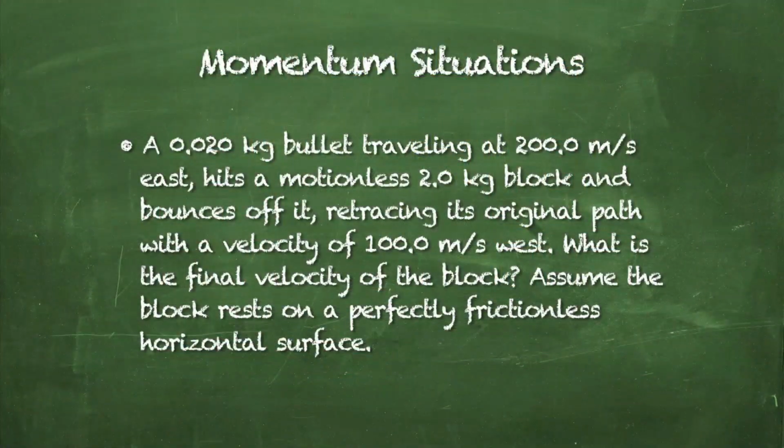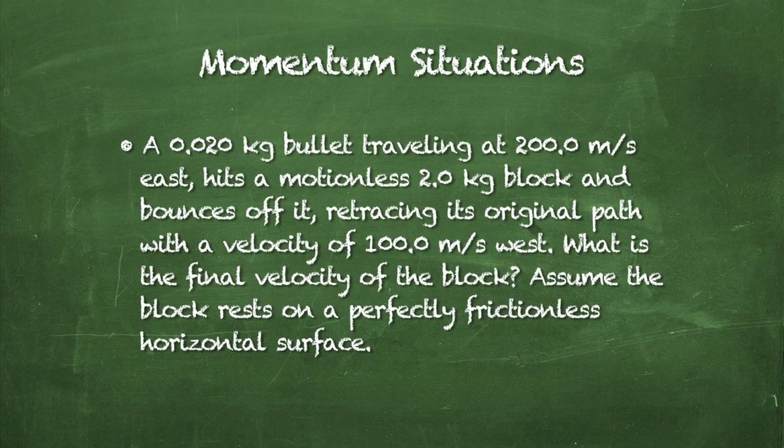Here's an exercise. A 0.020 kilogram bullet traveling at 200 meters per second east hits a motionless 2 kilogram block and bounces off of it. Must be a rubber bullet. Retracing its original path with a velocity of 100 meters per second west.